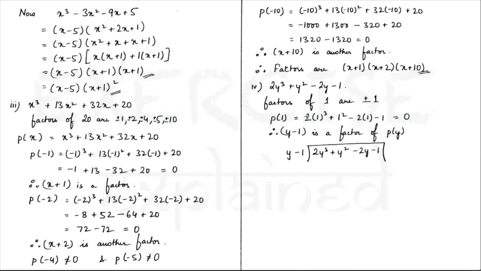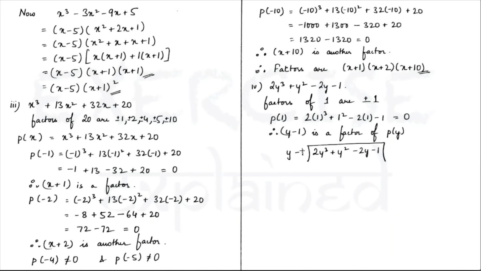Now if 1 comes to the left hand side, we get y minus 1 is equal to 0. So I can tell y minus 1 is a factor of p of y. Now what I do is, I take this and divide it with y minus 1. So you can see here I have written 2y cube plus y square minus 2y minus 1, and I have taken y minus 1 outside.